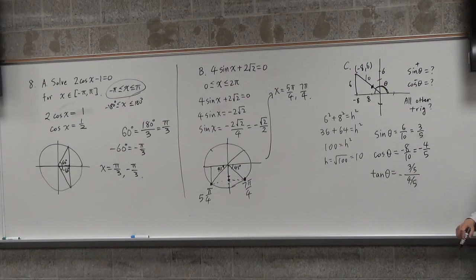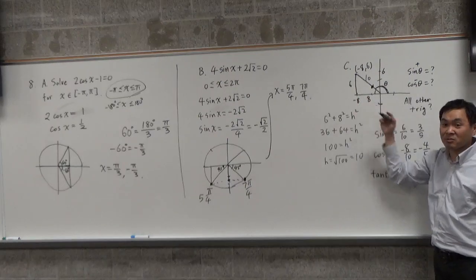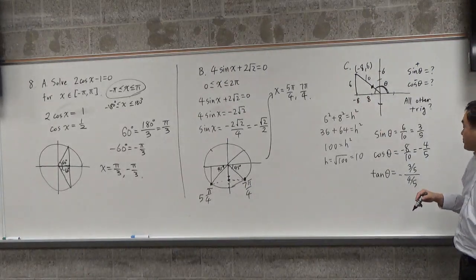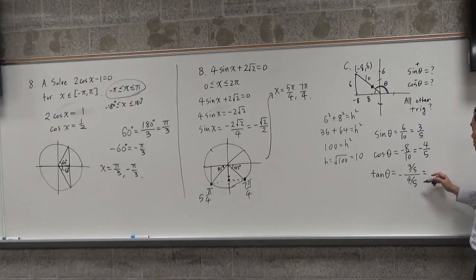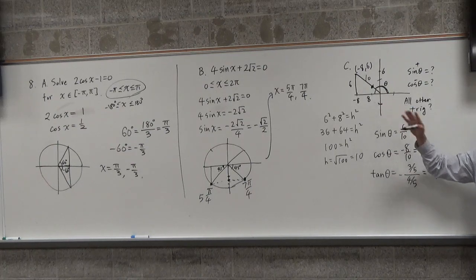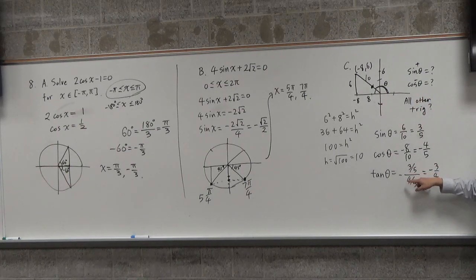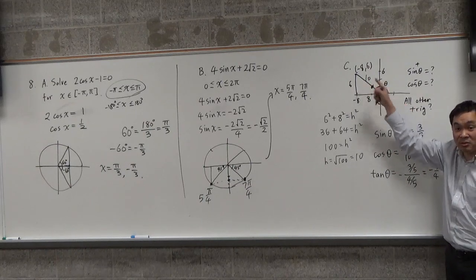What if we just do opposite over adjacent? You can also do that; maybe that would have been quicker. If you multiply 5 on top and bottom, you get negative 3 over 4, the same thing. Just remember that tangent is also negative. Only sine is positive here.